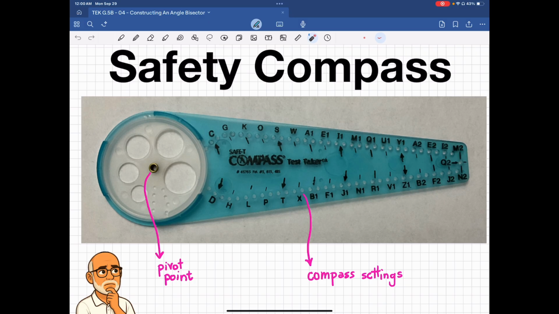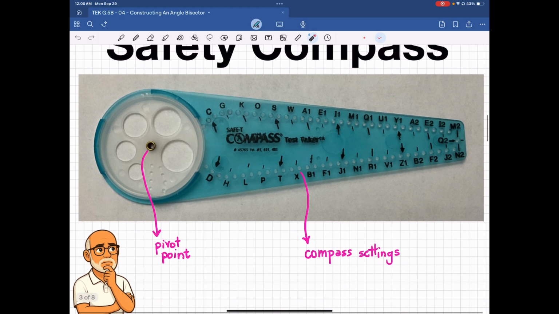You'll notice that the safety compass has this clear plastic wheel over here, and it also has this blue extended part right here. This is going to be our anchor point right in the center of that clear plastic wheel. So when we're doing our constructions, we're going to place our pencil into this pivot point, as it's called, and that's going to anchor our compass to a certain location on our paper.